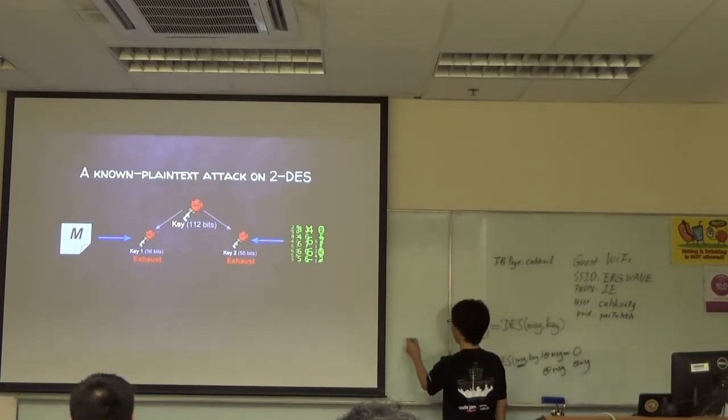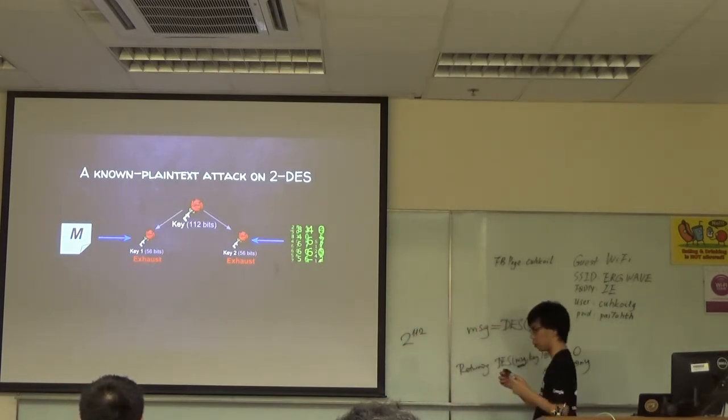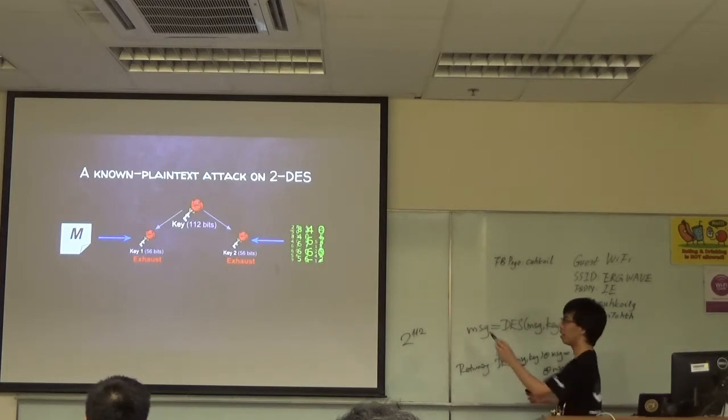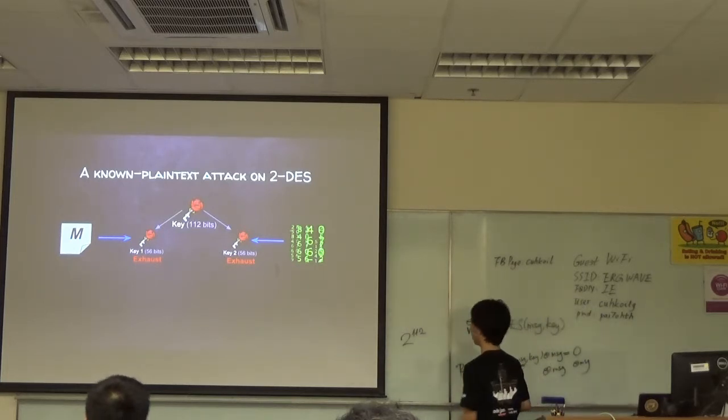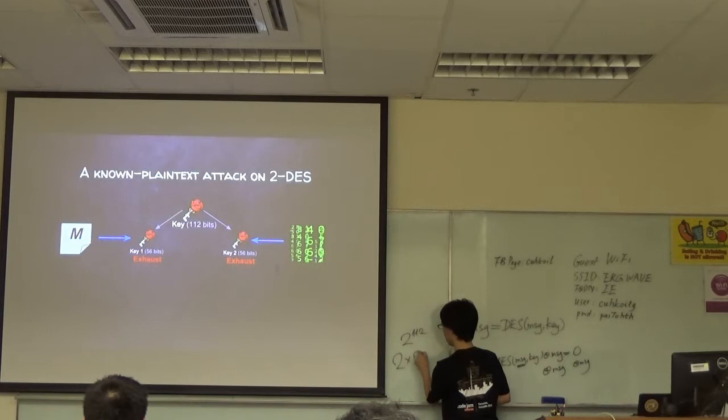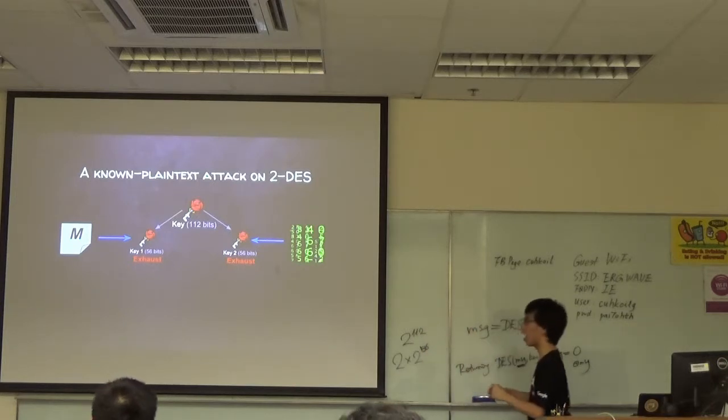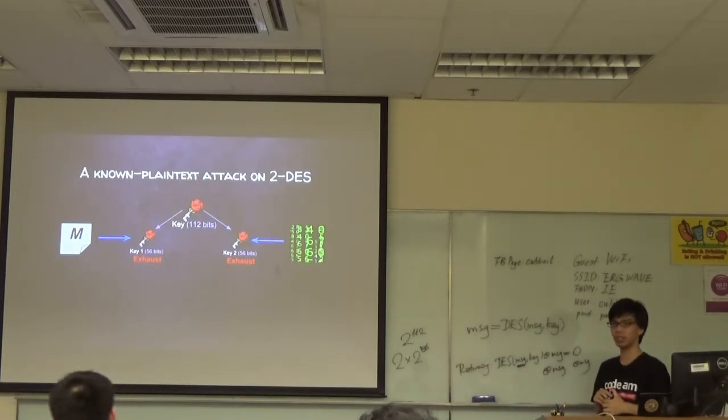Exhausting the whole key needs to take 2 to the power 112 operations. But exhausting them correspondingly, we just need to exhaust 2 times 2 to the power 56.